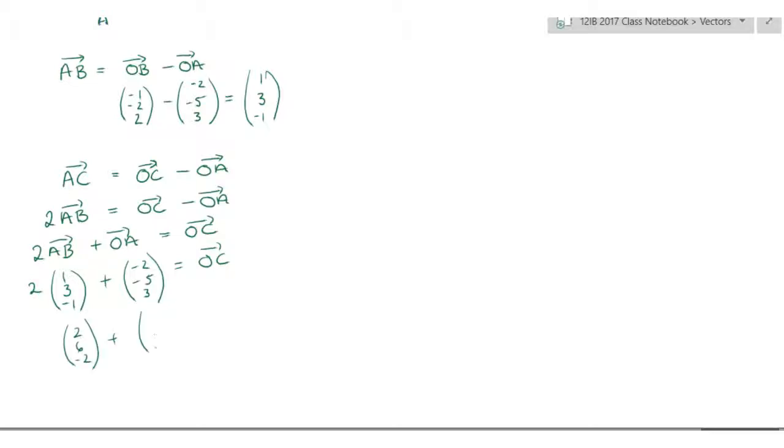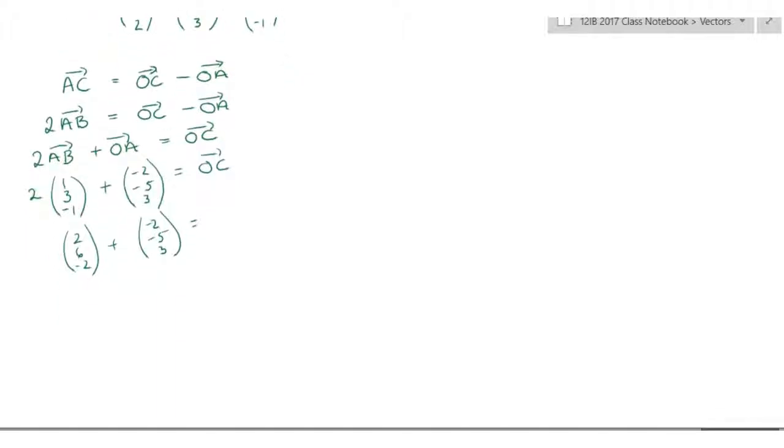I wouldn't try and do this all at once, do it in a couple of steps, because otherwise you're more likely to make a mistake. When we add them, we end up with 0, 1 and 1. So that's our OC.